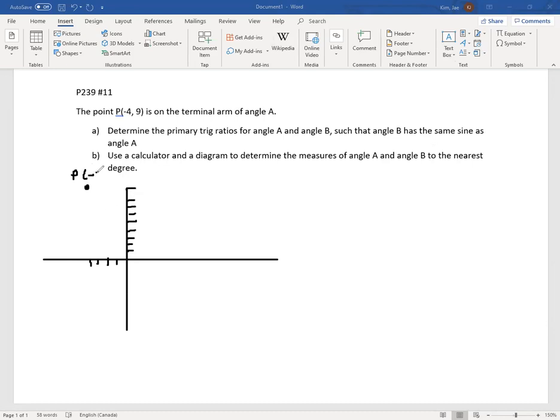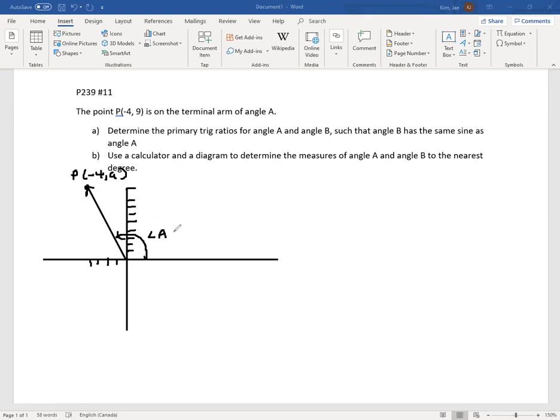Okay, so that's (-4, 9). And just to help our eyes, this is the terminal arm on angle A. We can call it theta for all I care.